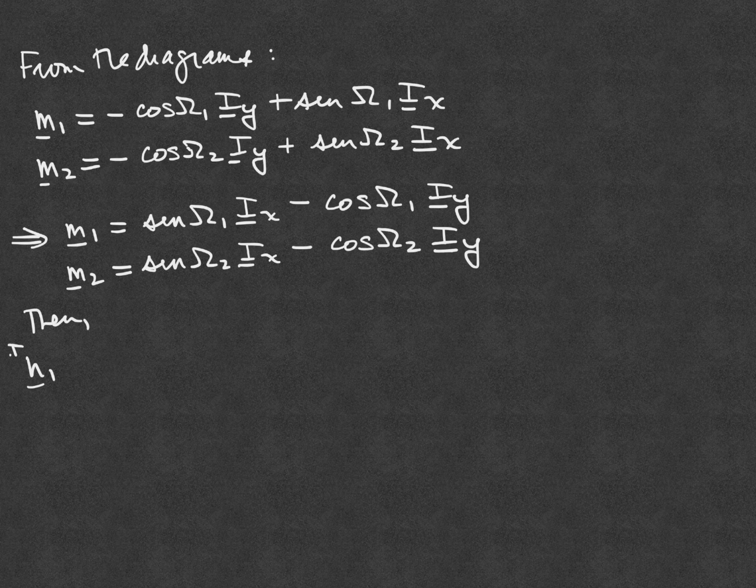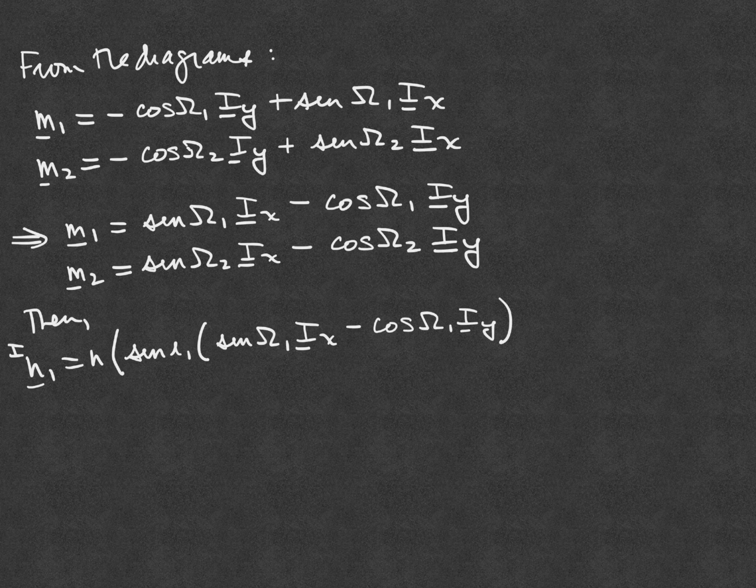So then h1I is equal to h times, well, we have sine of I1 times sine of omega 1 IX minus cosine of omega 1 times IY plus cosine of I1 times IZ.